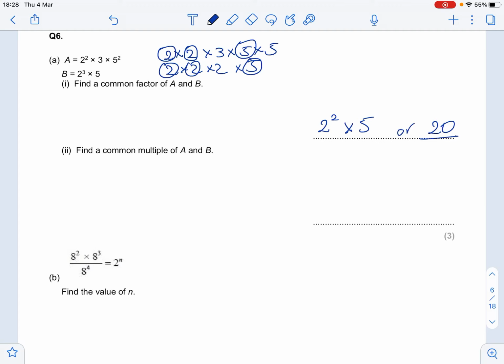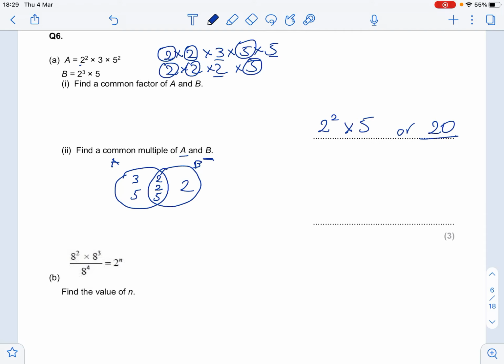Then part 2, find a common multiple of A and B. Remember, filling in the numbers into our Venn diagram would help. With A and B, what do they have in common in the middle? Which is 2, 2, and 5. In A, we have 3 and 5. And in B, we have 2.